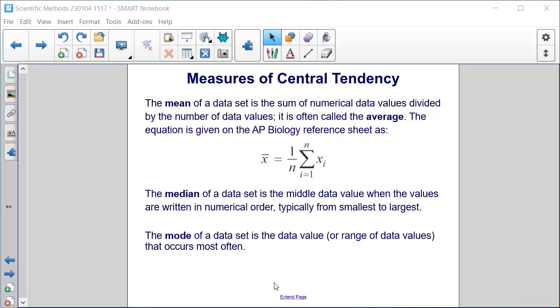The median of a data set is the middle data value when the values are written in numerical order, typically from smallest to largest.